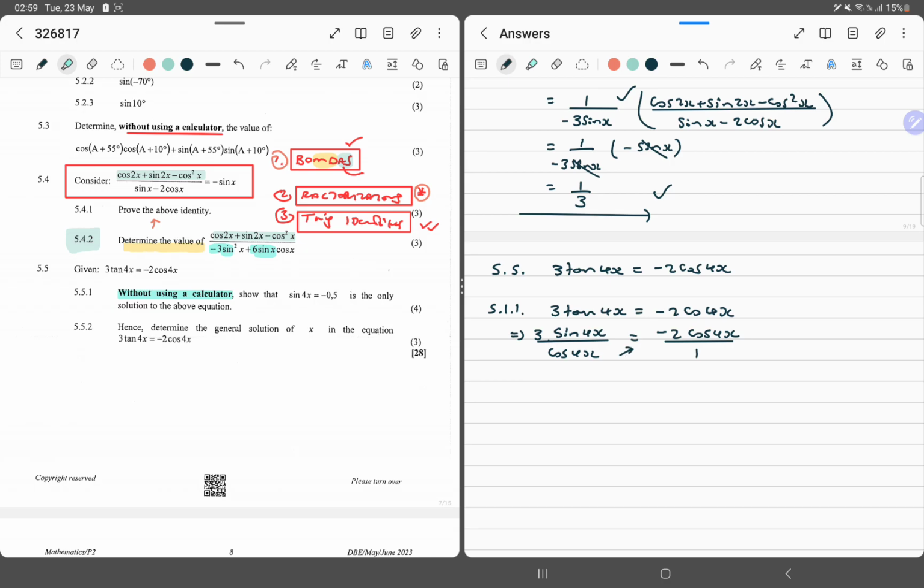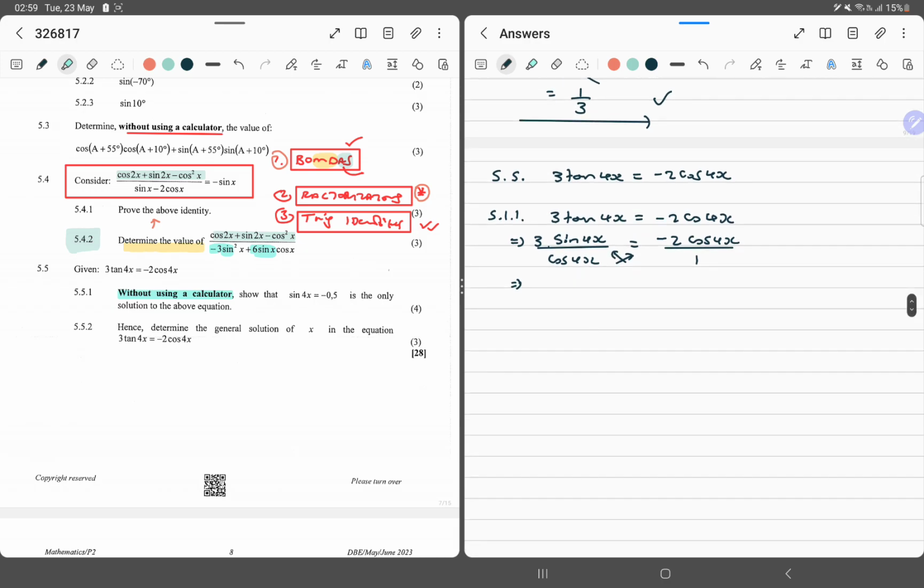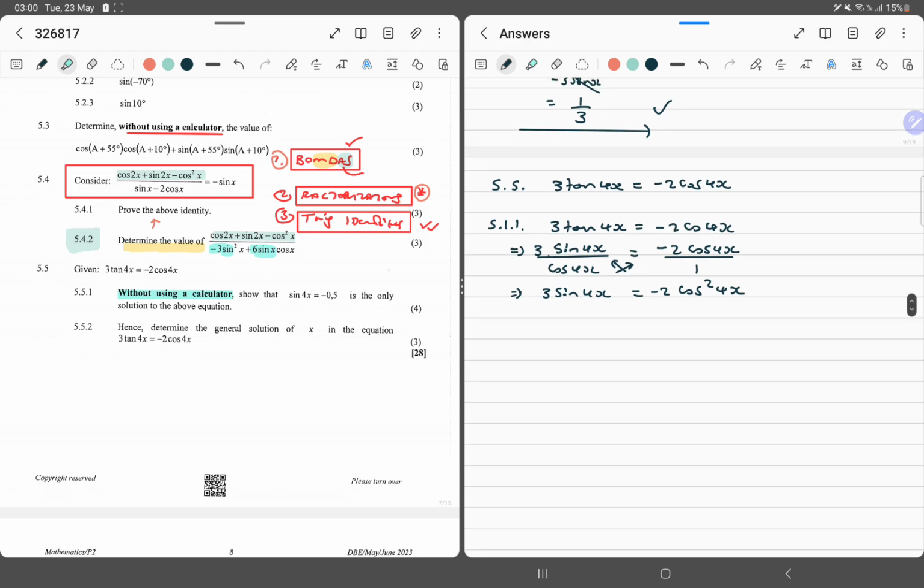Then the gymnastics of algebra or arithmetic. So if we cross multiply there, we get 3 sine 4x is equal to minus 2 cos squared 4x. Okay, now let's see what we can do here.